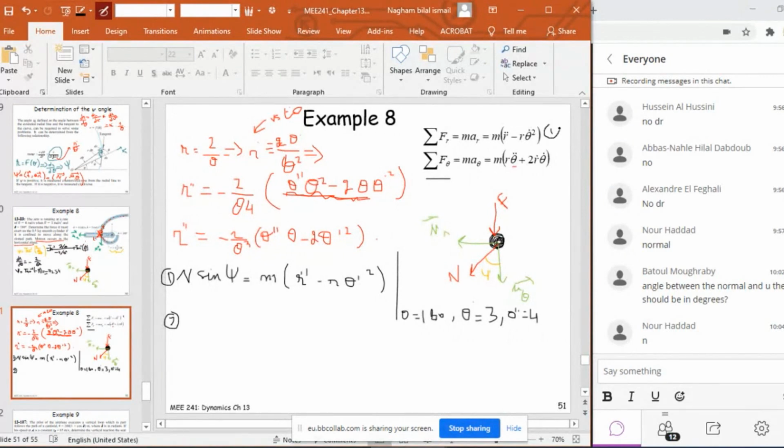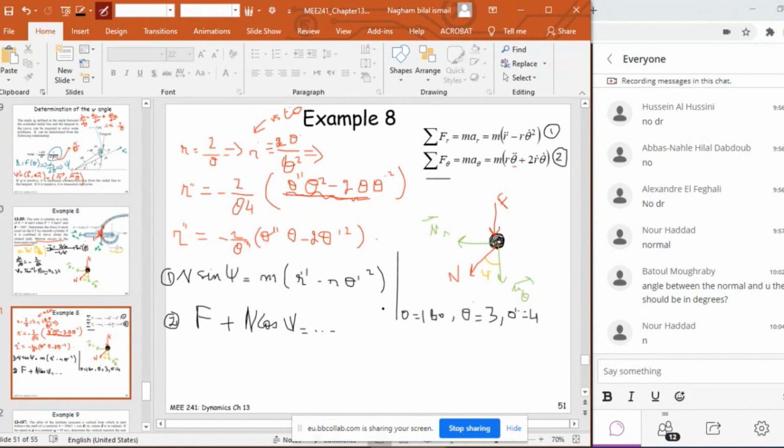The second equation, right, is the sum of forces in theta direction. So what are the forces, guys, exerted in theta direction? I have plus F plus N cosine psi. All right, and this will be equal, of course, to m times r double dot plus 2 r dot theta dot.